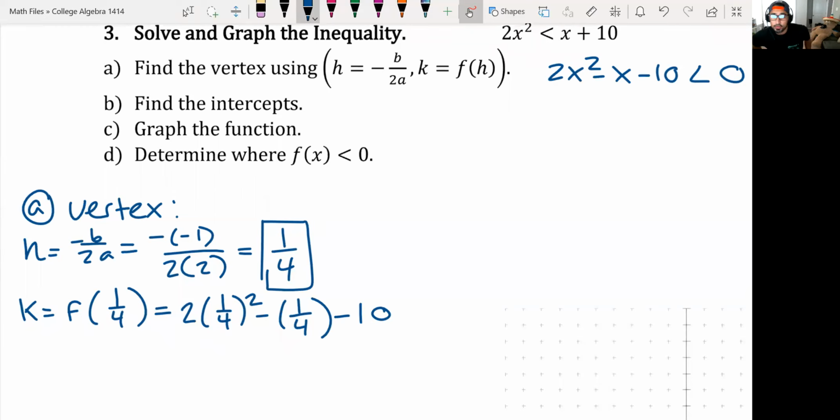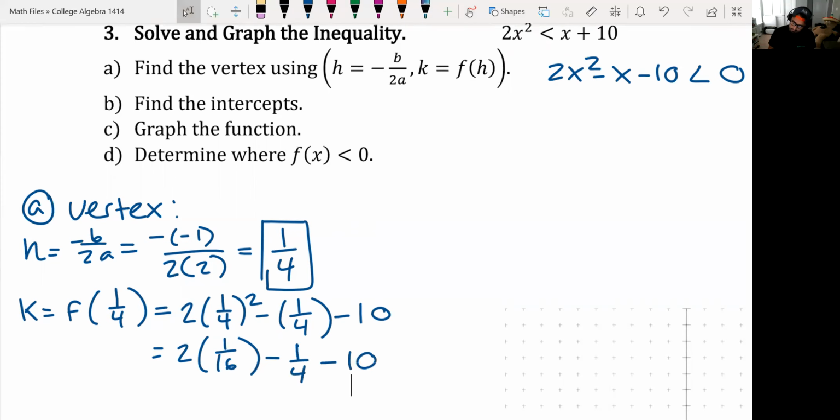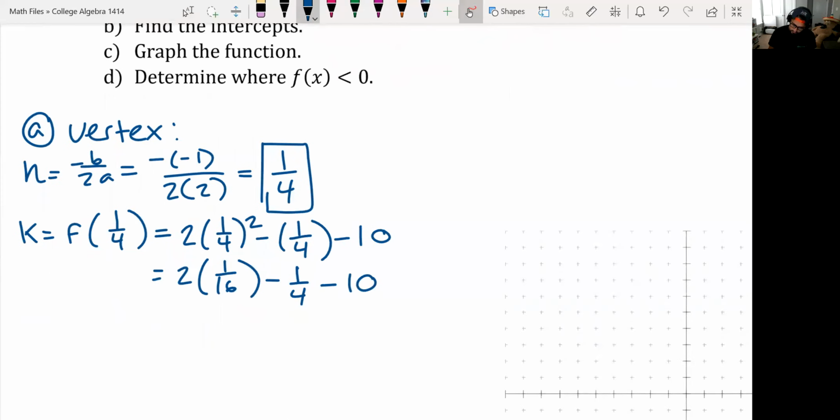So 2 times 1/4 squared minus 1/4 minus 10. All right. 2 times 1 over 16 minus 1/4 minus 10, which then gives me 1/8 minus 1/4 minus 10.